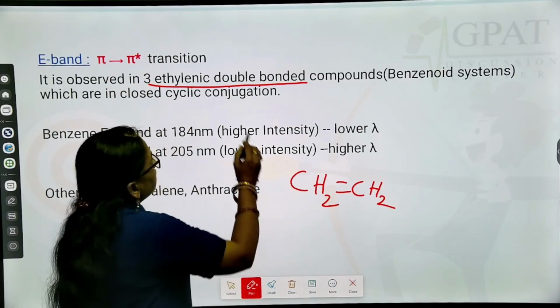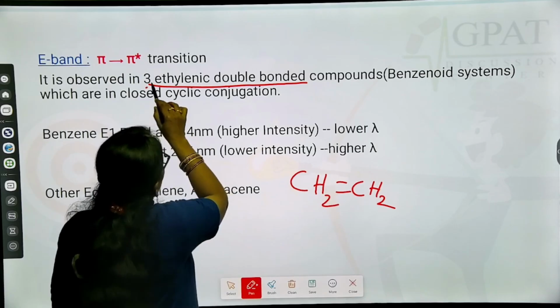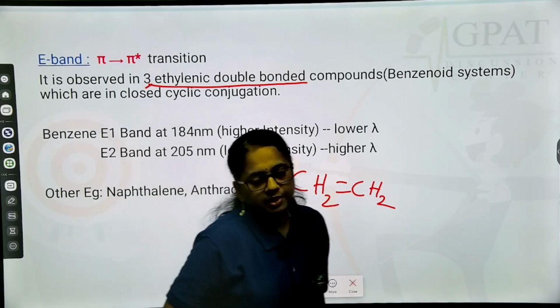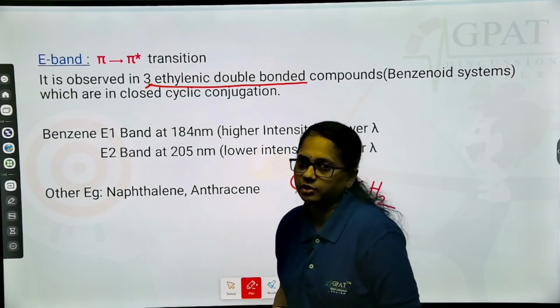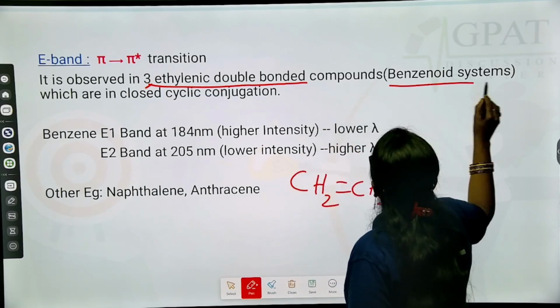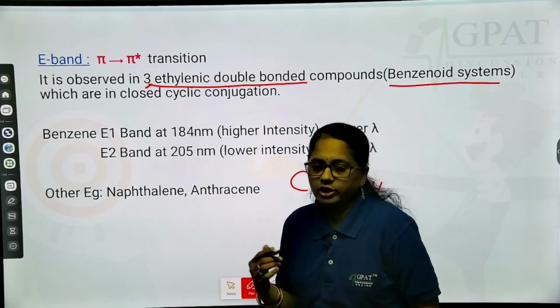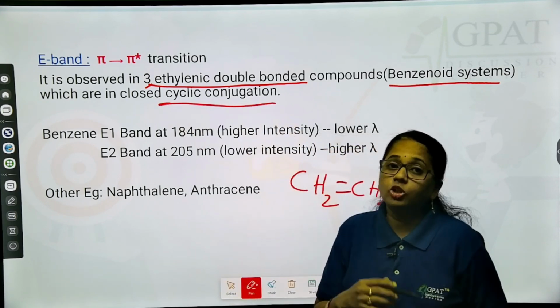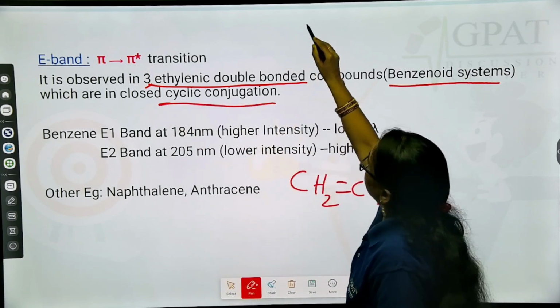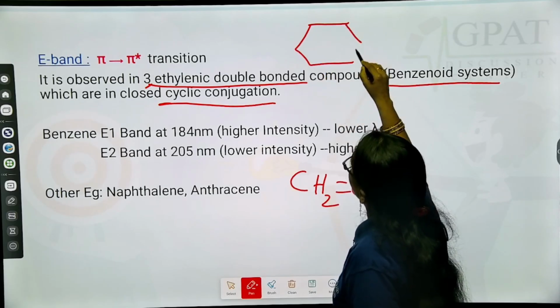Okay, that means when 3 ethylenic double bonds are there, a simple example is benzene. In benzene also you see 3 ethylenic double bonds, and mostly these are called benzenoid systems, which are closed cyclic conjugation.